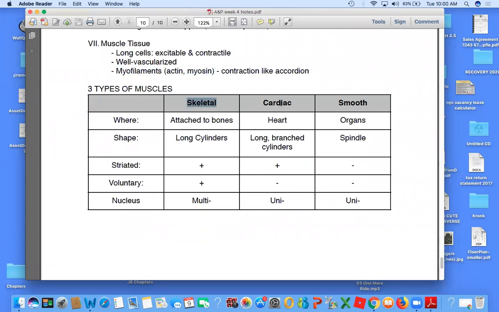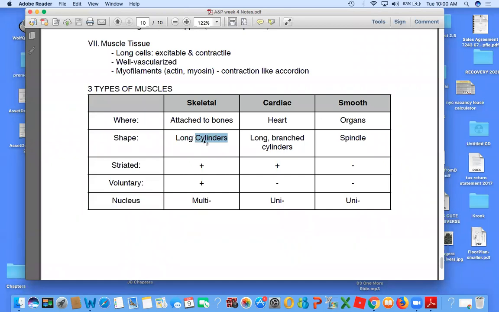I want to direct you to our chart, looking at the 3 types of muscle: skeletal, cardiac, and smooth. Let's first talk about skeletal. Skeletal are obviously attached to bones. They are long cylinders, and if we look at the muscle cells on page 404, figure 11.16, there's a comparison in your textbook of the different types of muscle cells, how they look.